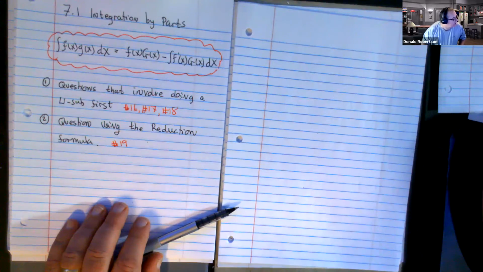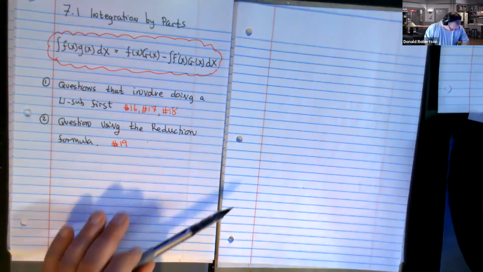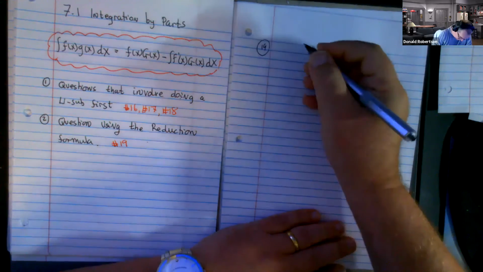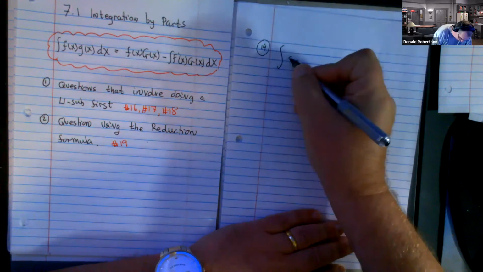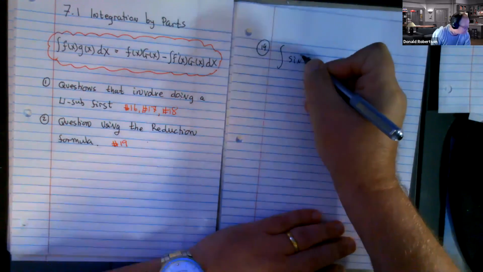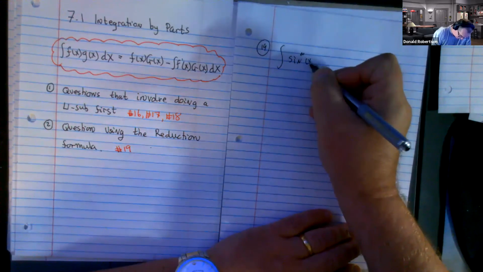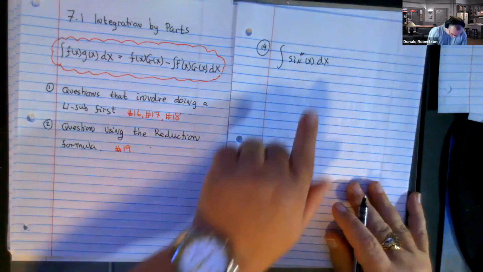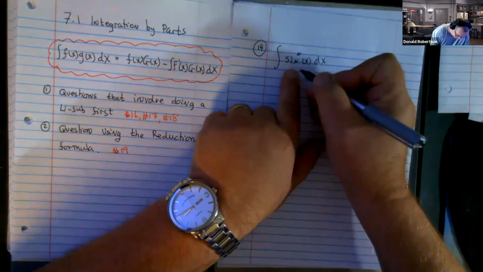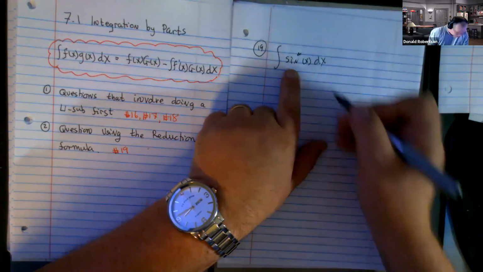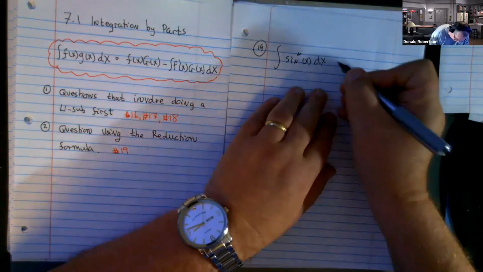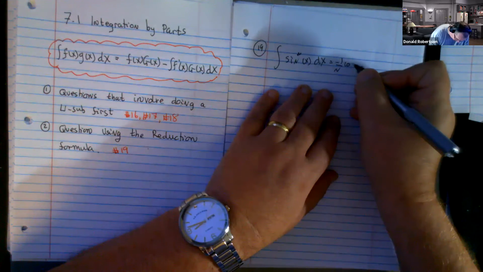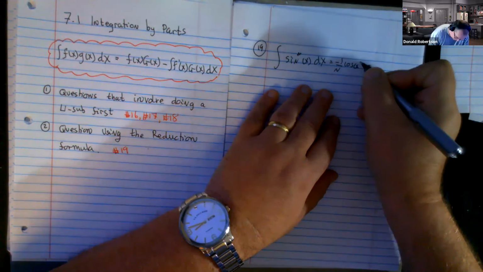And we are now moving to our final question. It's called an induction, or reduction, formula, I should say. And here it is. If you want to find the integral of sine to the nth power of x, it is -1 over n, the cosine of x.